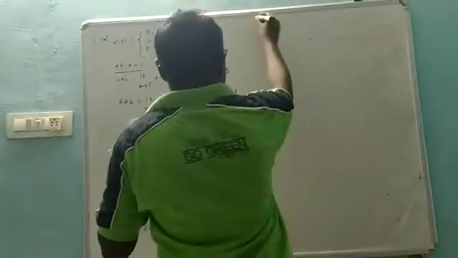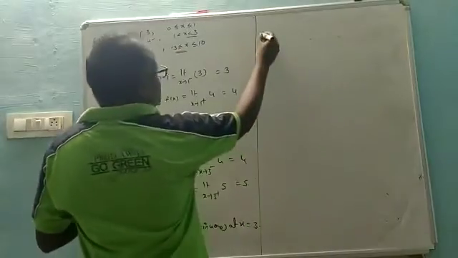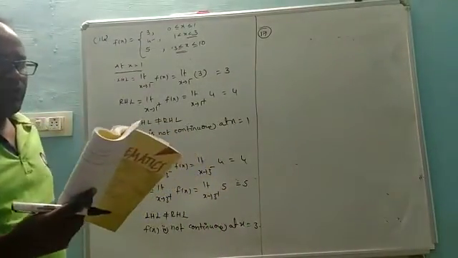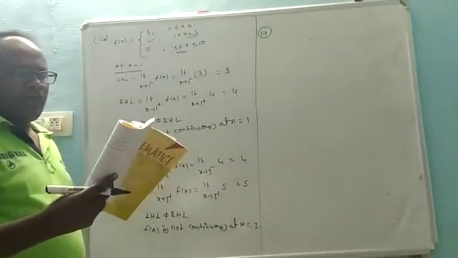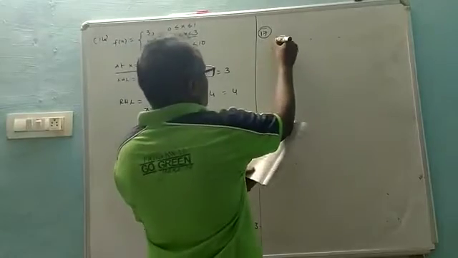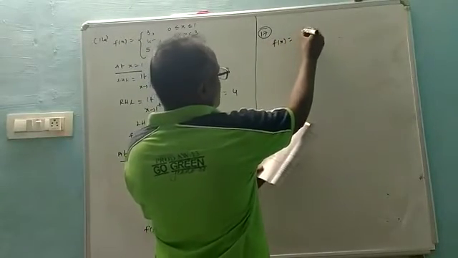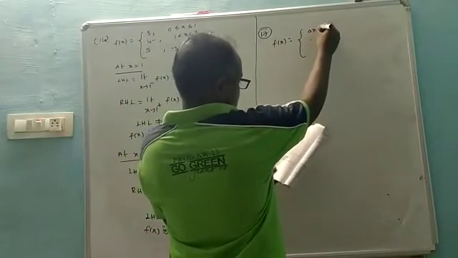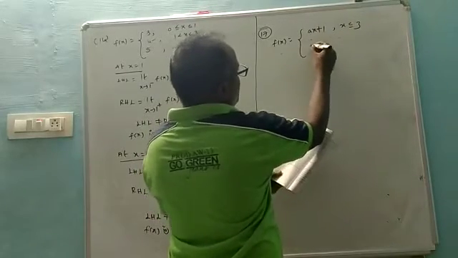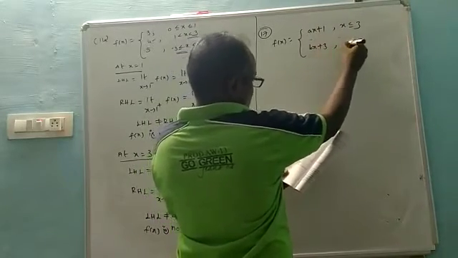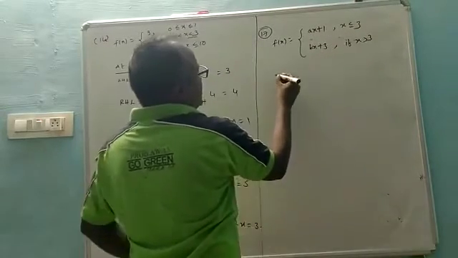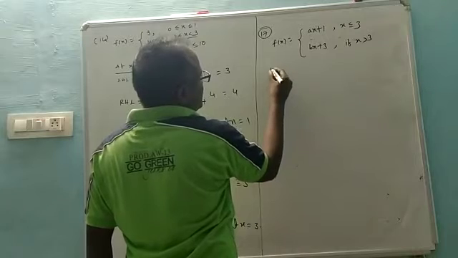17th problem, find the relation between a and b so that the function f defined by f of x is equal to ax plus 1, x less than or equal to 3, bx plus 3, if x is greater than 3, is continuous at x is equal to 3.